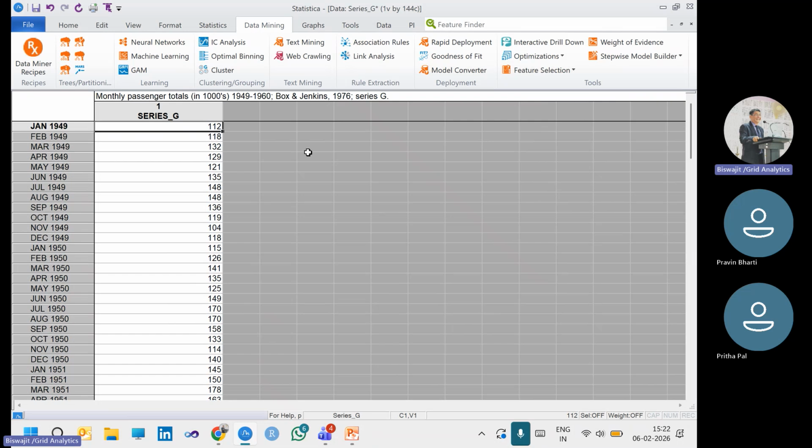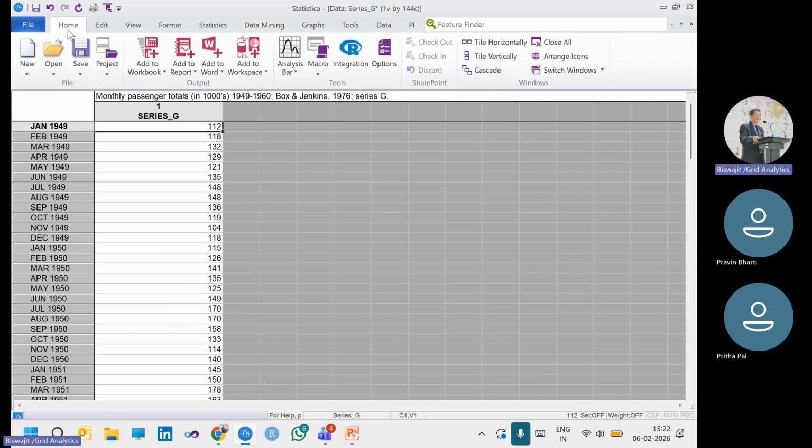So in the interest of time, we are getting into a more user-friendly approach where Statistica will guide me step by step on how to complete my forecasting tasks, since I am a beginner without knowledge of statistics.